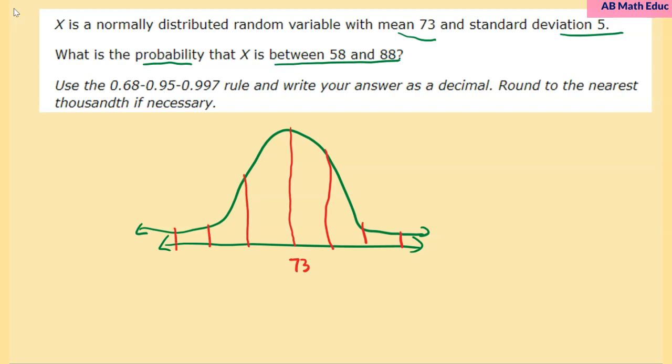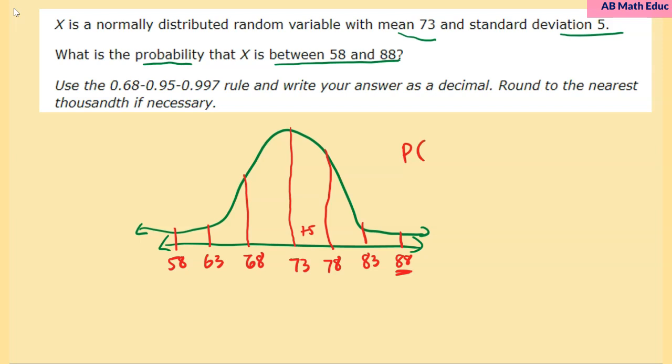So you add 5, so 78, 83, and you add 5 again, 88. Okay, that's what you're looking for. And then you come here, you subtract, so you get 68, 63, 58. And the question was, what is the probability that lies in between here?